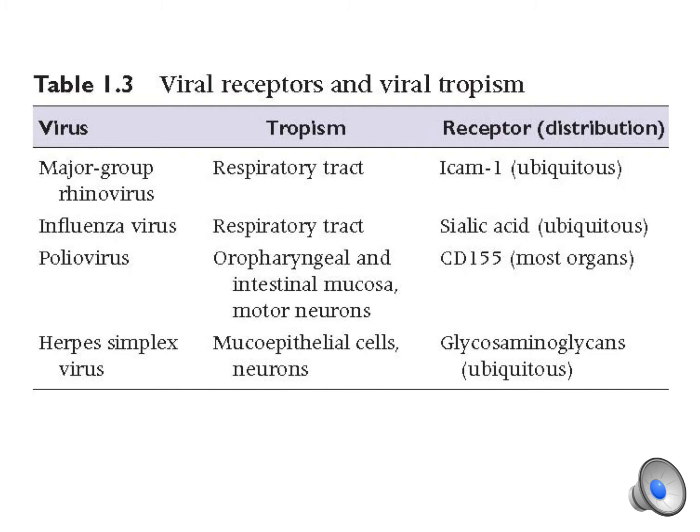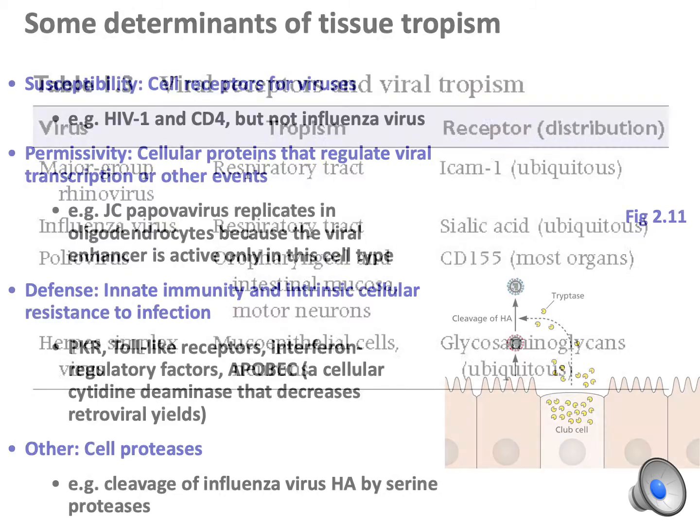But the viruses on the left are very specific with respect to the part of the body that they replicate in. So rhinoviruses, we've talked earlier today, replicate in the upper respiratory tract. Influenza viruses in either the upper or lower respiratory tract. Herpes simplex viruses in epithelial cells or neurons. So obviously in these cases, tropism is not determined solely at the level of the receptor. The receptor makes cells susceptible, but not necessarily permissive.